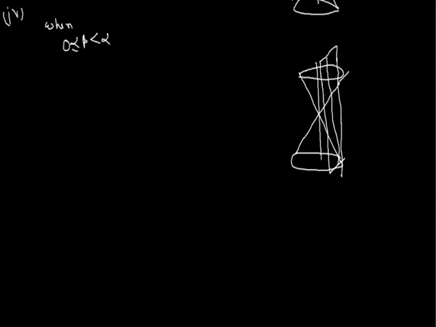The section so formed is a hyperbola, because one cut is here and one cut is here. So the section is a hyperbola. These are the four conditions when the plane cuts the nap other than at the vertex.